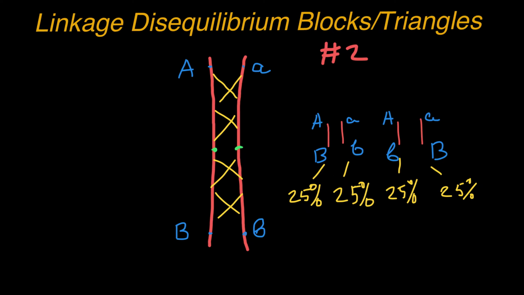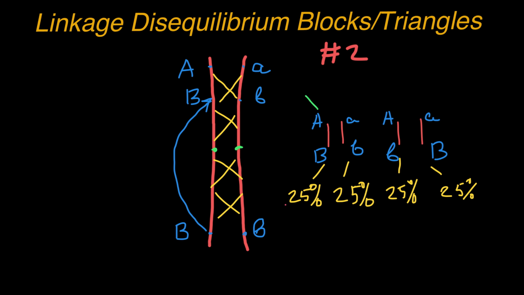Now imagine a different variant. For example, gene B is going to be much closer to gene A. So capital B and small b here. As you see, when two genes are close to each other, the probability of crossing over is going to be greatly reduced.